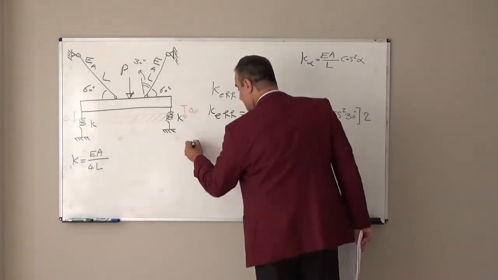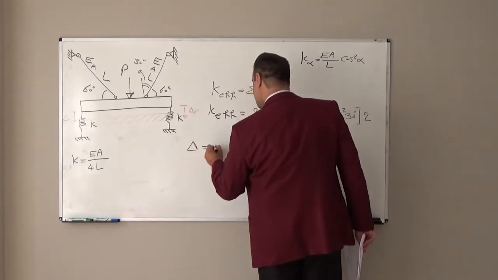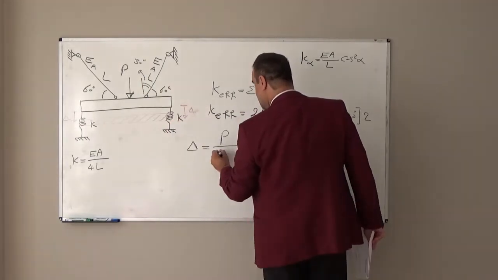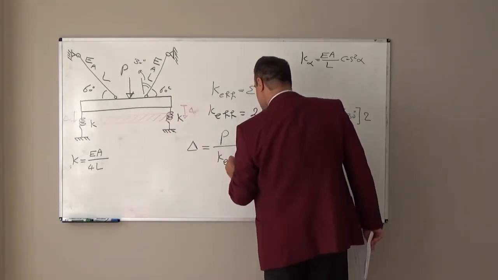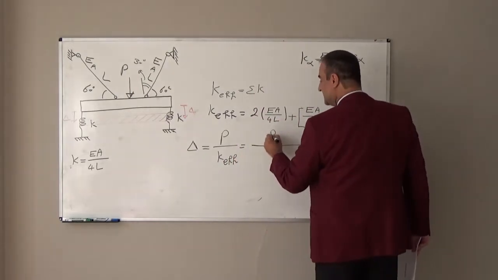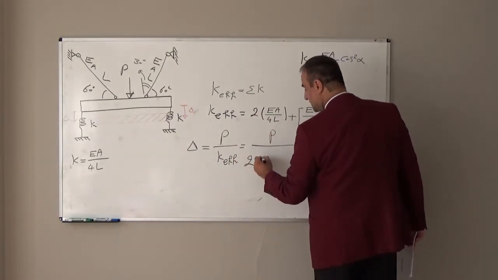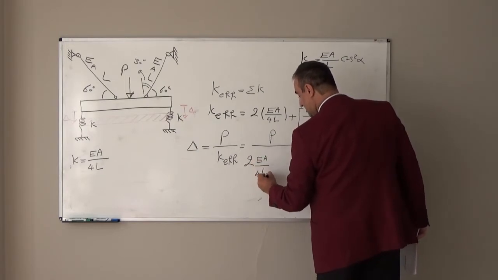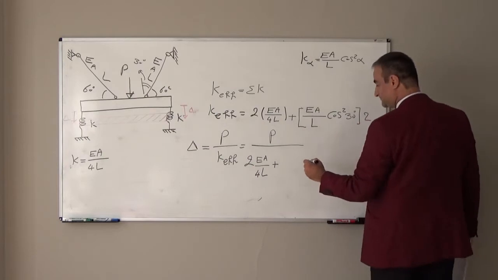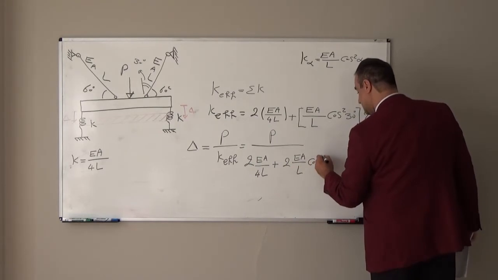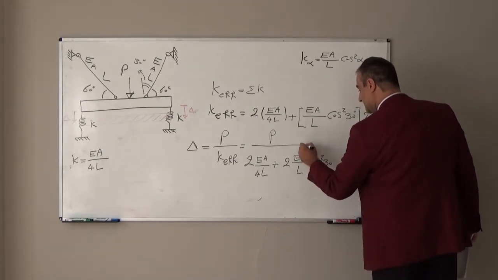Now, deformation delta will be total load, the external load, which is P, divided by effective stiffness. That will be P divided by 2EA over 4L plus 2EA over L cosine squared 30.